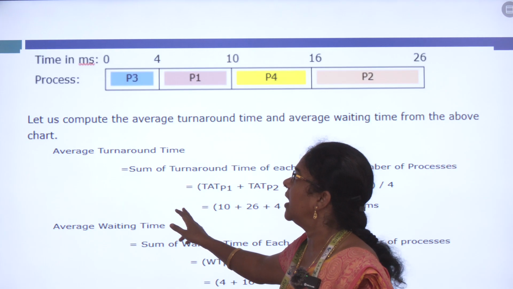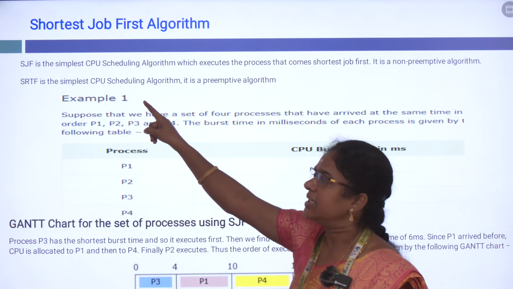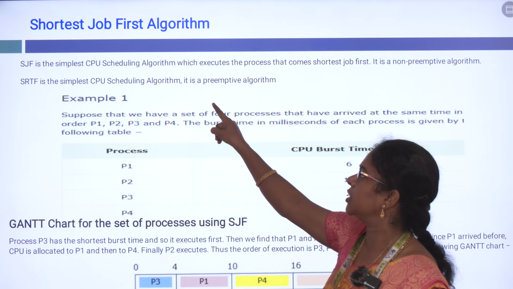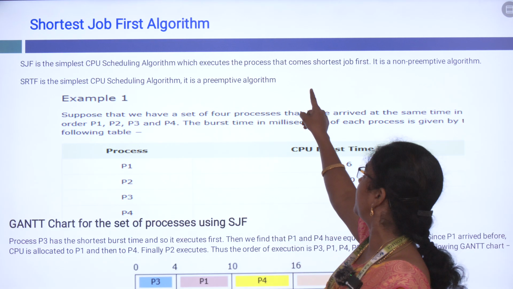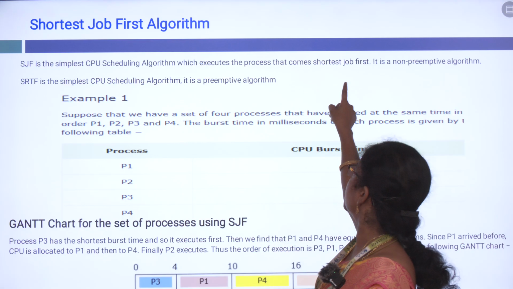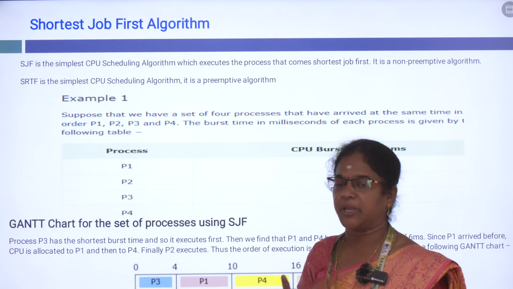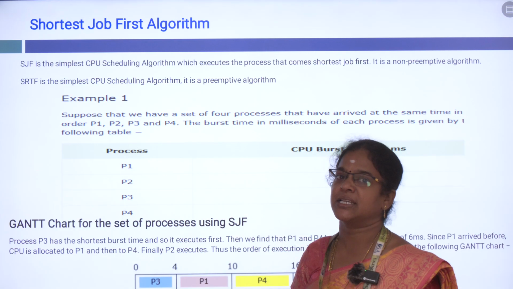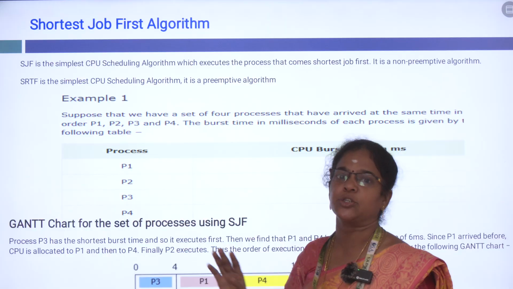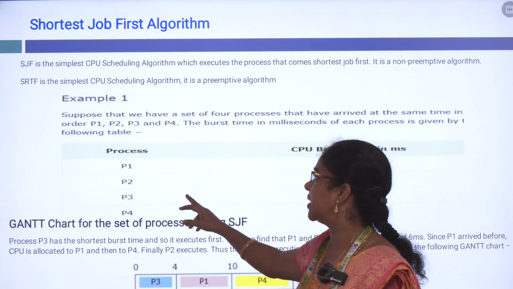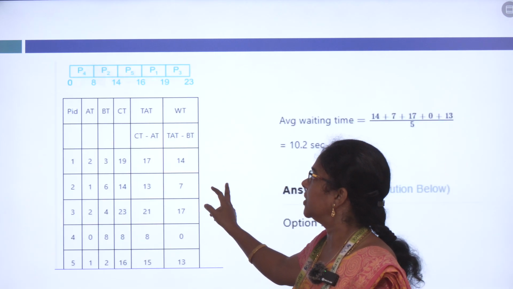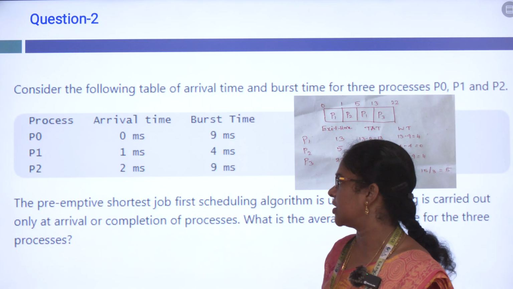SJF is the simplest CPU scheduling algorithm which executes the shortest job first process, so it is called non-preemptive. Non-preemptive means SJF, preemptive means SRTF. Okay, so now in this one we take SRTF.